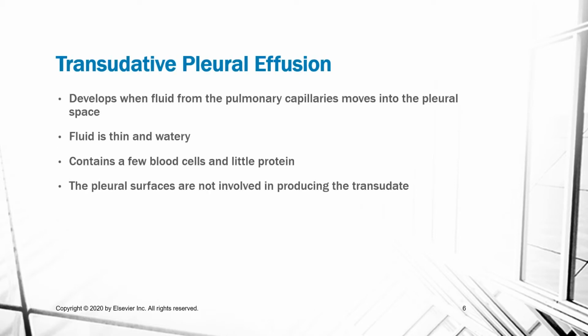A transudate develops when fluid from the pulmonary capillaries moves into the pleural space. The fluid is thin and watery, containing few blood cells and little protein. The pleural surfaces are not involved in producing the transudate.